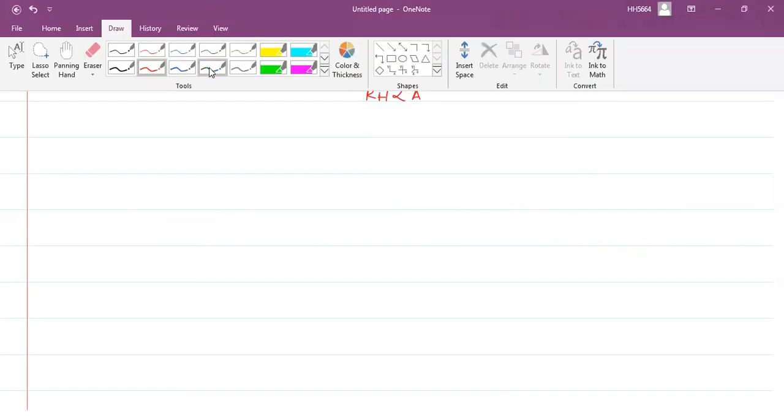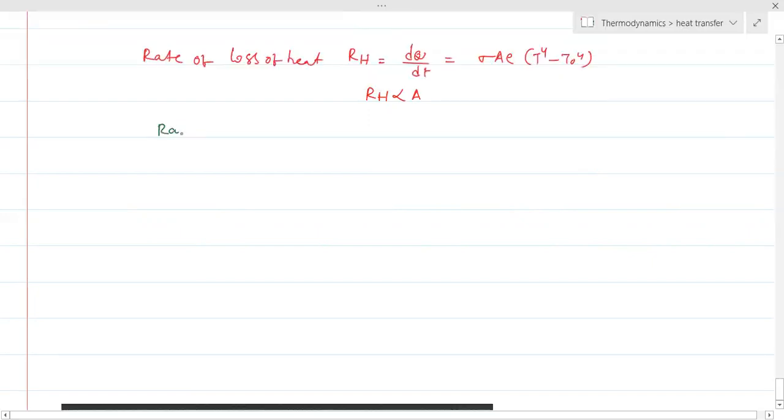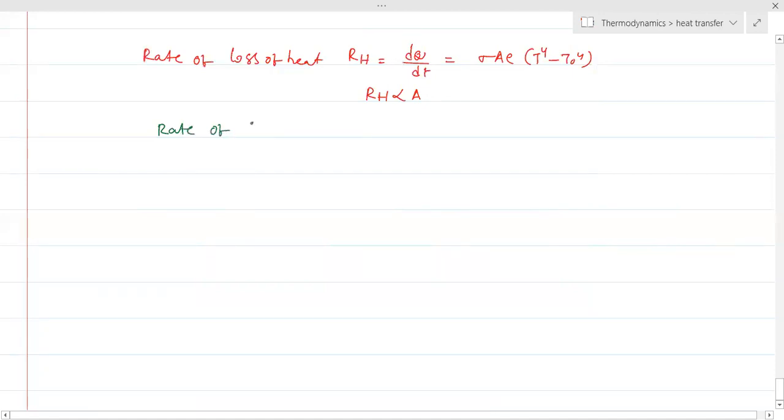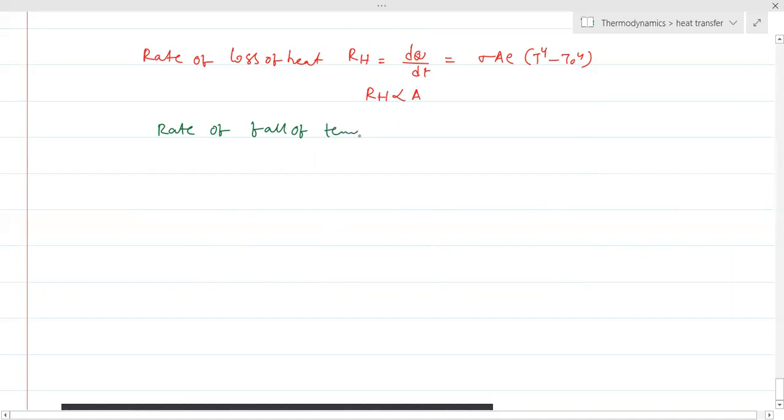So similarly, when we think of the rate of fall of temperature, that is RF.